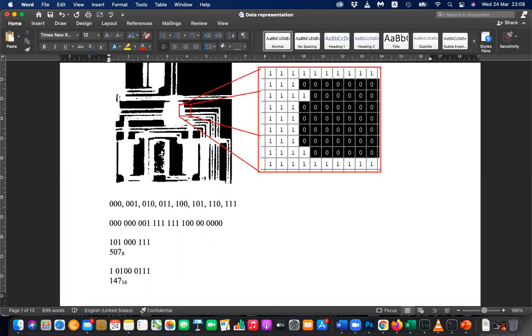Then you can write the number in octal. On the other hand, hexadecimal is even better than octal. Why? Because you can write 4 by 4 and shorten this even more. And then you can write, okay, so this is what?